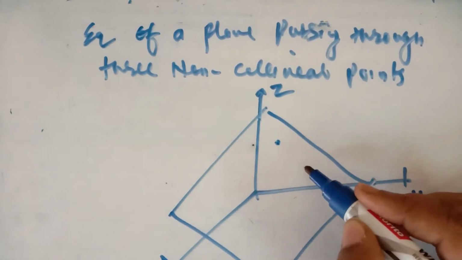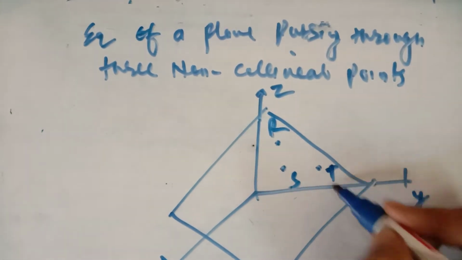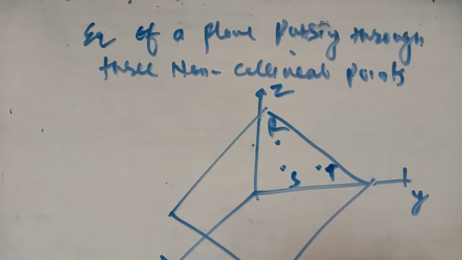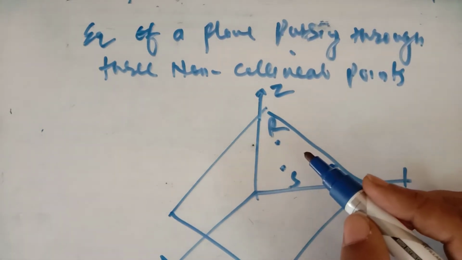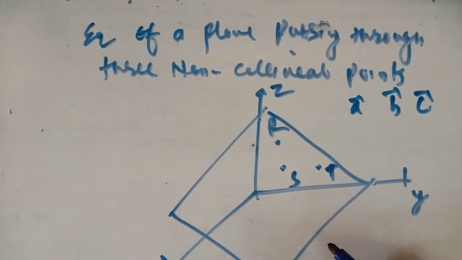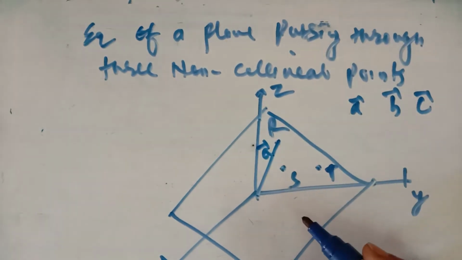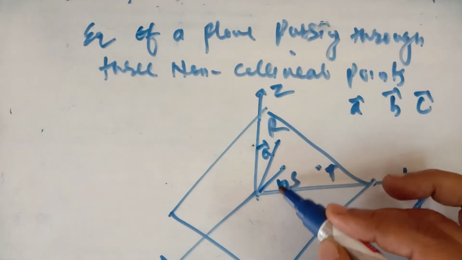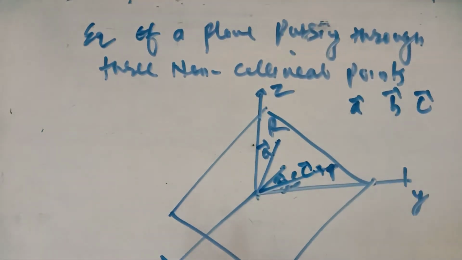Let us take a point R, a point S, and a point T. R, S and T be the three non-collinear points in the plane whose position vectors are vector A, vector B and vector C. This is the position vector of these three points which are lying on this plane. So A is the position vector of point R, B is the position vector of point S and C is the position vector of point T.